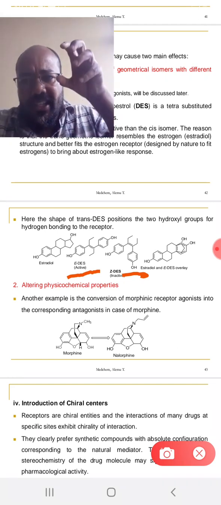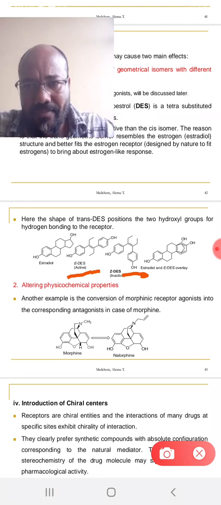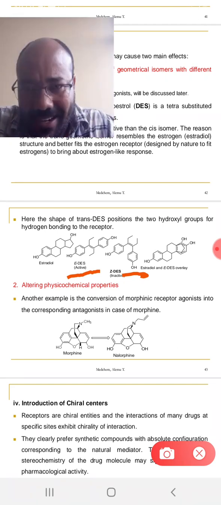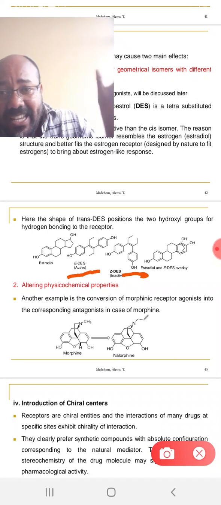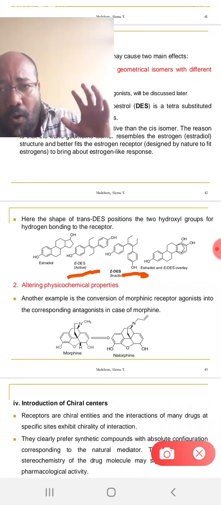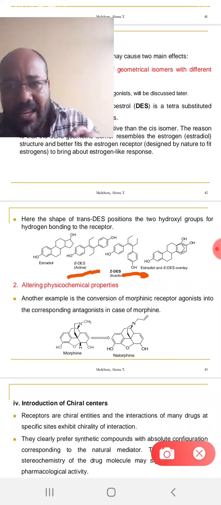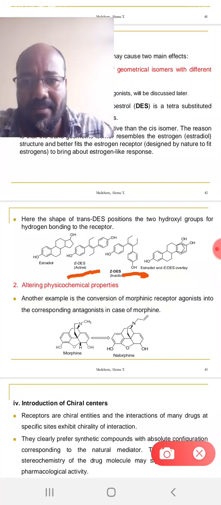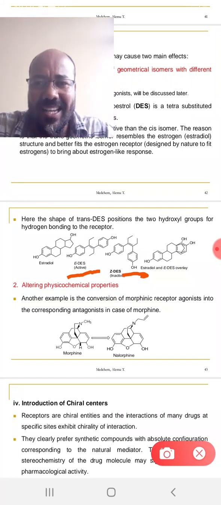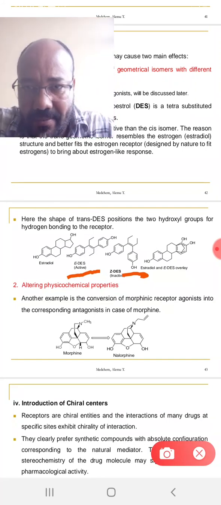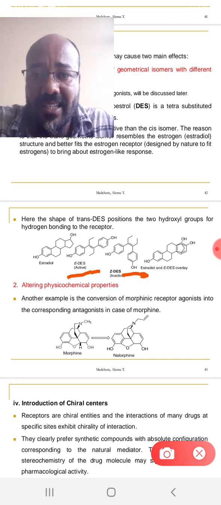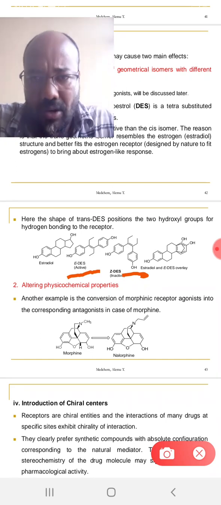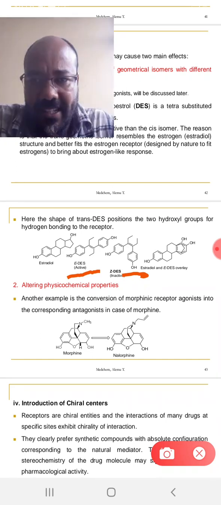It looks like the estrogen receptor, so it better fits it. But because of the structural arrangement, configuration or conformation of the cis, it will not bind with the receptor, because its structure does not look like the receptor. If it will not bind, it doesn't have activity. It will not produce effects.